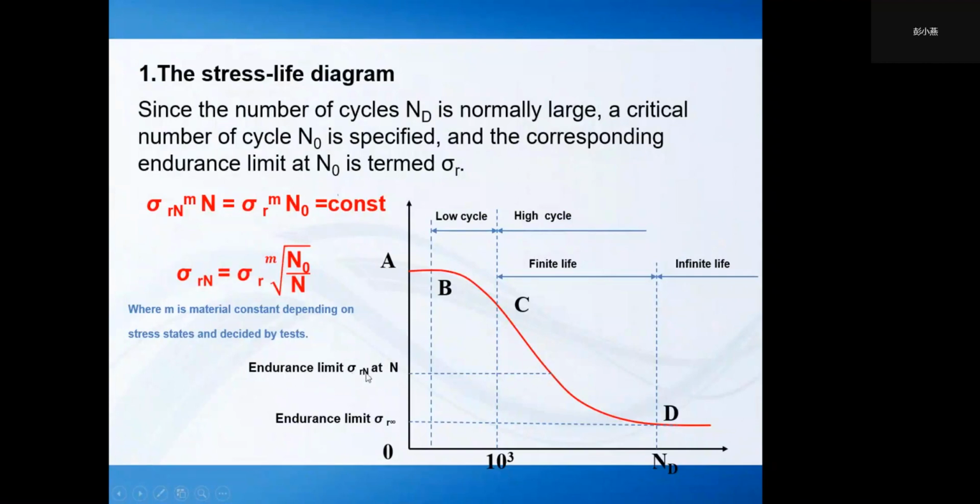Okay, so is this sigma minus 1n constant for this position? Not constant. It changes with the cyclic number. If the cyclic number changes, this sigma minus 1n will change. If the cyclic number is different, the endurance limit is different.